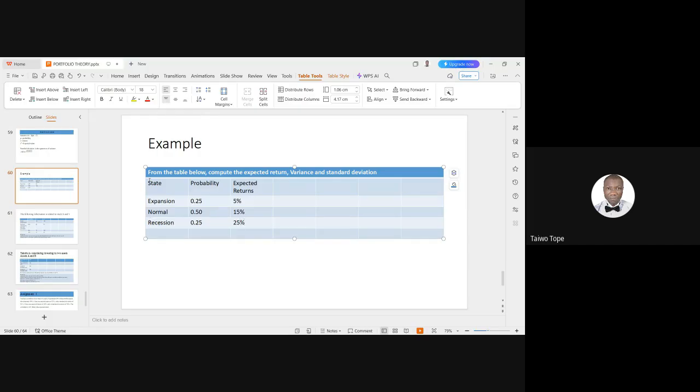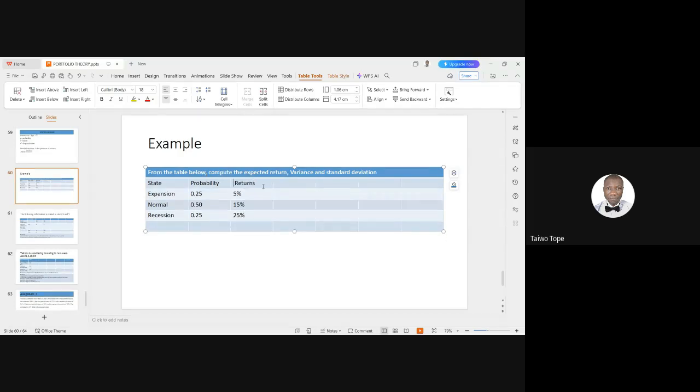The question is telling us to compute our expected return. What are we going to do?